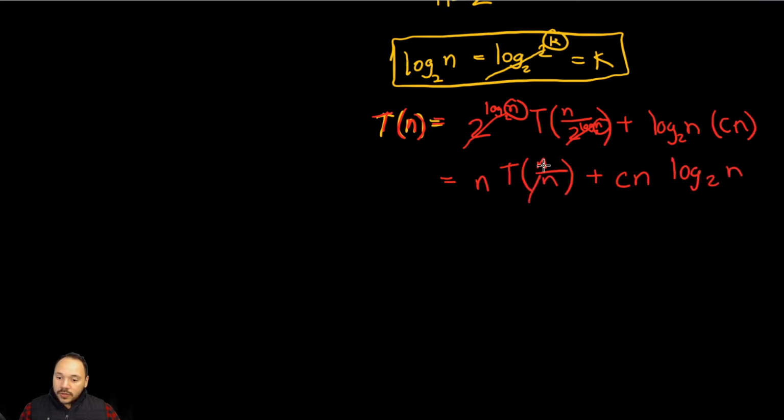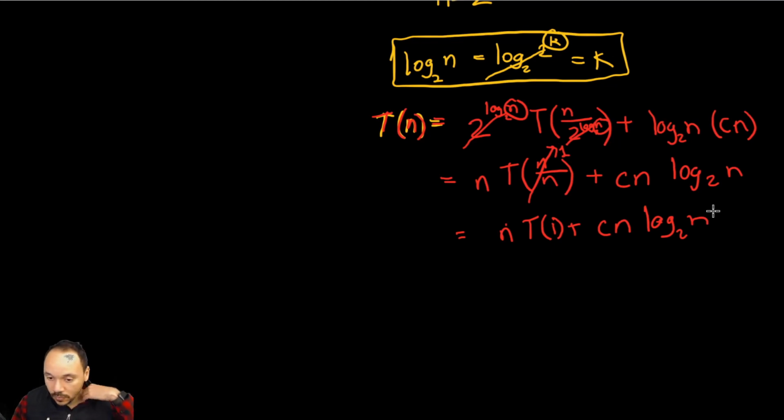So we know n by n will be 1. So we have this is equal to n T of 1 plus Cn log base 2 of n.